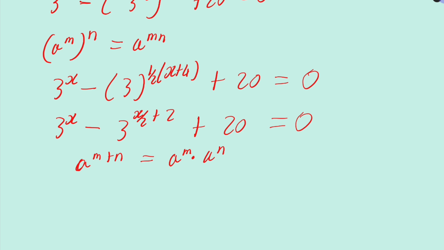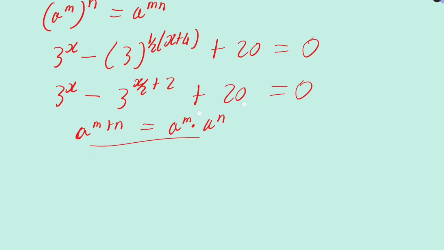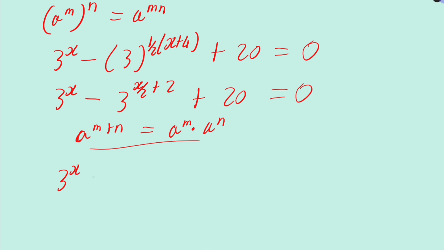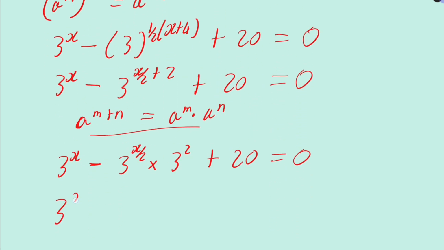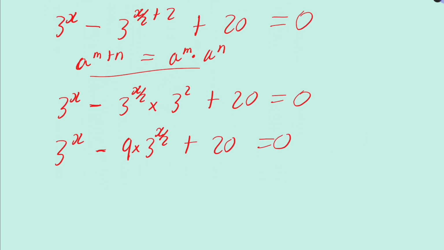So using this, we get 3 to the power x minus 3 to the power x on 2 times 3 to the power 2 plus 20 should be equal to 0, which is equal to 3 to the power x minus 9 times 3 to the power x on 2 plus 20 is equal to 0. So this is a simplified equation.